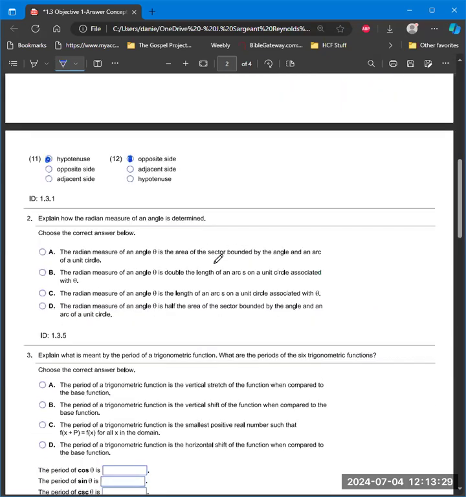Explain how the radian measure of an angle is determined. The radian measure of an angle theta is the length of an arc S on the unit circle associated with theta. So let's look at our arc length formula where S equals R theta, where theta is in radians.